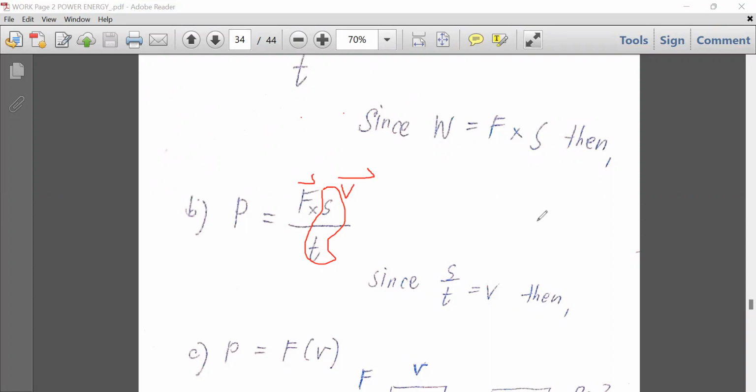So we can write power as force times velocity. This is derived from the main formula, work over time.